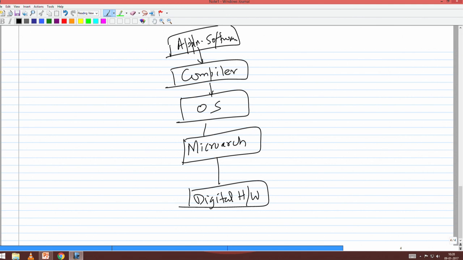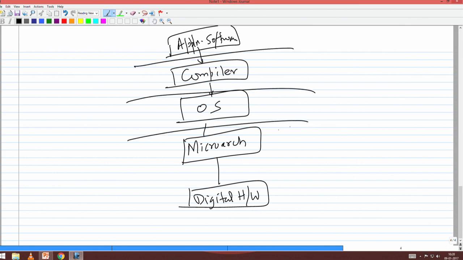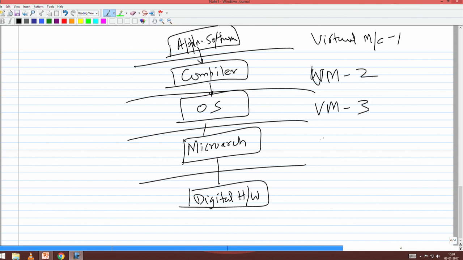Correct? Now please note that each level is isolated from the remaining part. So each level I could call a virtual machine. So I can say virtual machine 1, virtual machine 2, virtual machine 3, virtual machine 4, virtual machine 5. And each of these has a language.